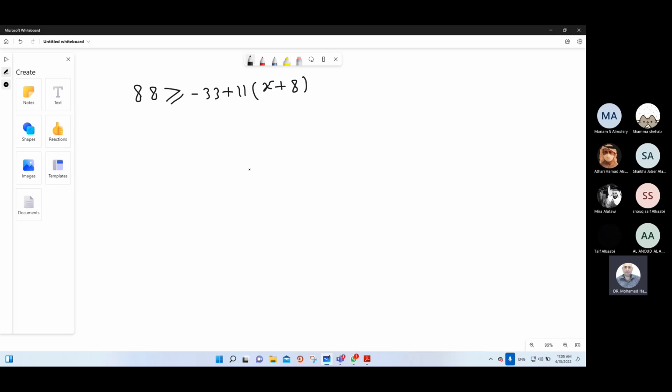We want to solve this inequality and to graph this inequality. So how to solve this inequality? Rewrite the first side in this inequality.